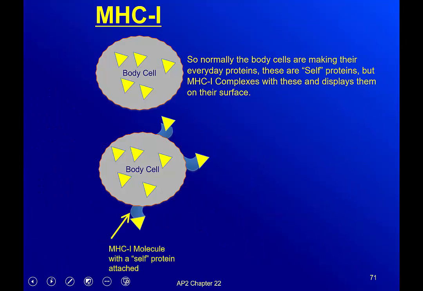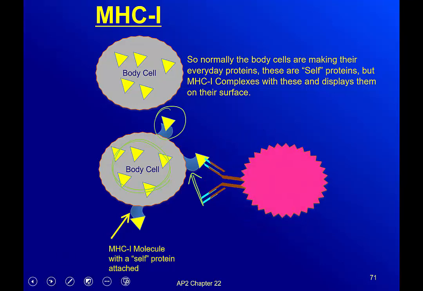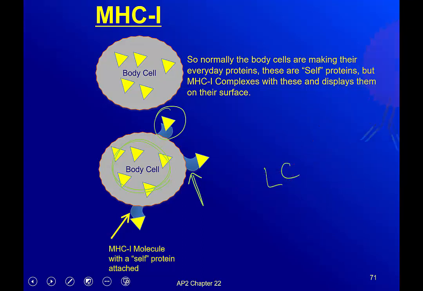So let's talk MHC1. Here's a body cell, a normal body cell making normal proteins all day long. Any normal protein that is inside this cell is going to get displayed on the MHC1 molecule. Doesn't matter what it is. If it's a protein being made in this cell, I display it on the surface and go, hey, look. And your body goes, that's a normal protein. Cool. So when it's normal and a lymphocyte comes along and checks it out and goes, yeah, that's normal, it leaves your cell alone.